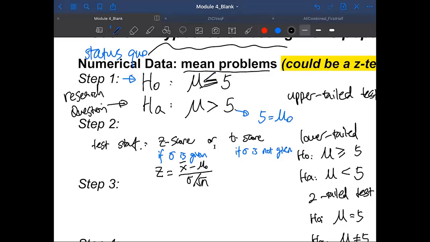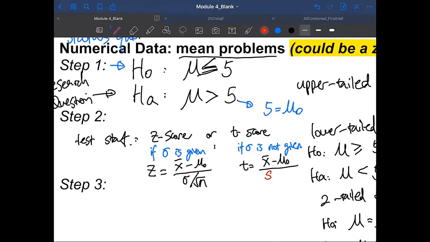Similarly, if sigma is not given, that's going to be a t-score. It's going to be x bar minus mu 0. Because sigma is not known, we can't use sigma anymore. We have to use the sample standard deviation, which is S over square root n.